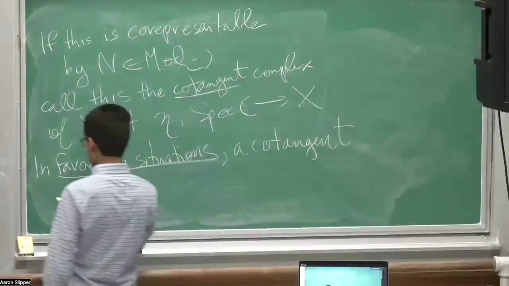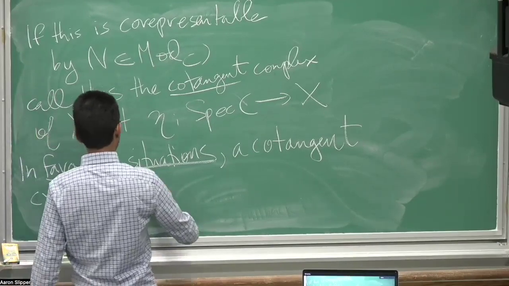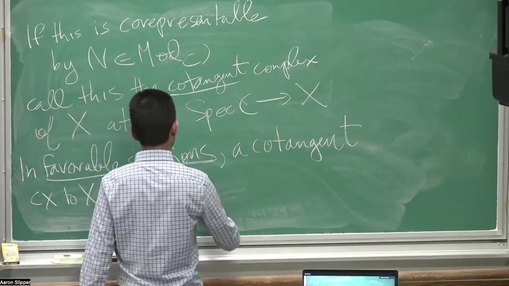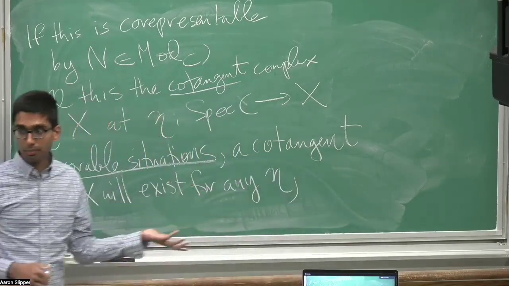So a cotangent complex to X exists for any eta, and then they'll be compatible with each other.